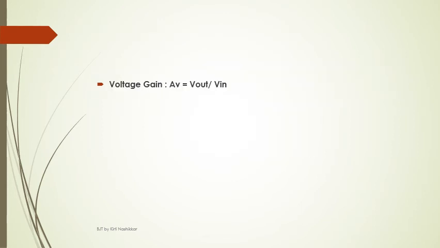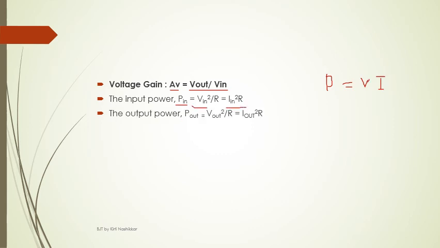So for voltage gain, we know that gain is nothing but output upon input. So voltage gain, denoted by AV, is output voltage upon input voltage. Now if you have to represent it in decibels, then you have to write down the formula of power. Power we know, P equals V into I, and I equals V upon R. So this is one equation, and in terms of current it is written like this.